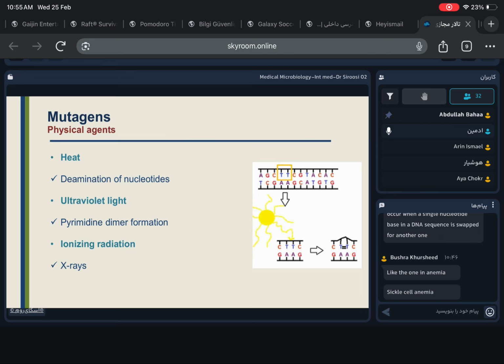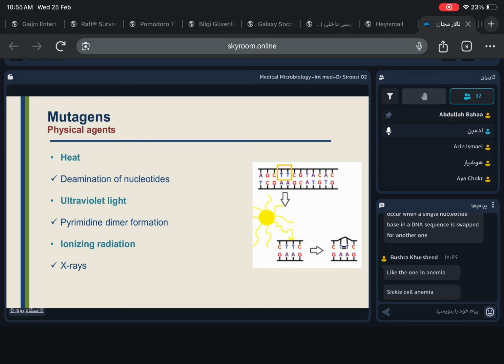If there are two damaged pyrimidine bases next to each other on one strand of DNA, they react with each other and a covalent bond forms between them. So this is actually called the pyrimidine dimer.